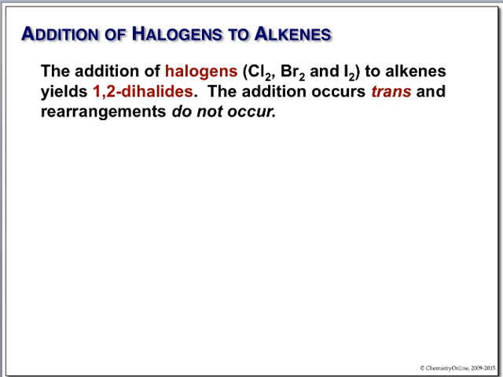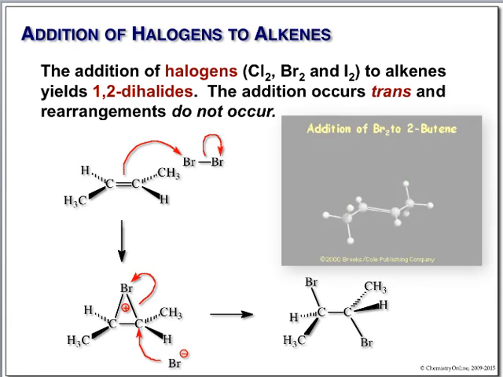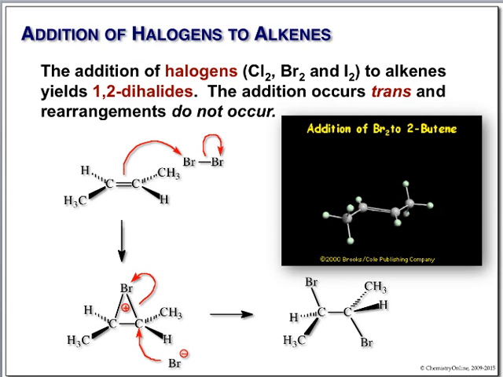Let's go ahead and look at a movie. It always seems much more real if you have a movie. Again, this is from McMurry, 6th edition. And here we took 2-butene, and we're going to simply add Br2. Mechanism, once again: going to attack, make the bromonium ion.